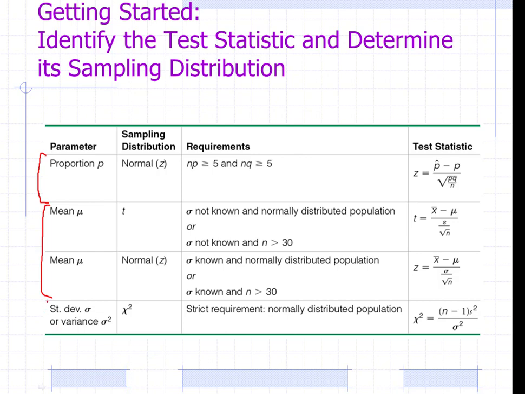And then in the third subunit, we're going to talk about standard deviation or variance. And here are the formulas for our test statistics. We'll talk about where those come from, but there they are. They're also in a table in your book on page 362.